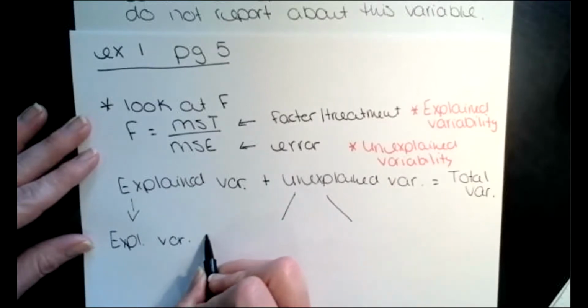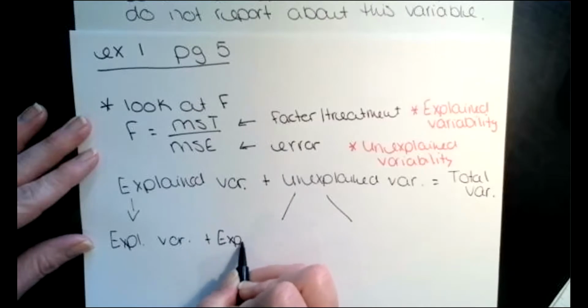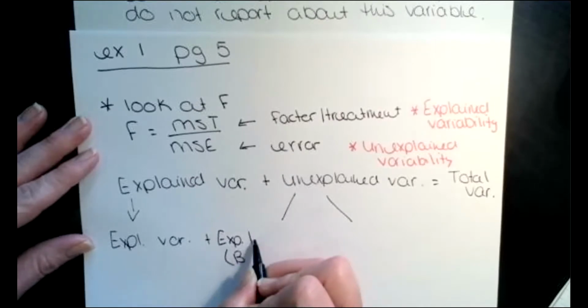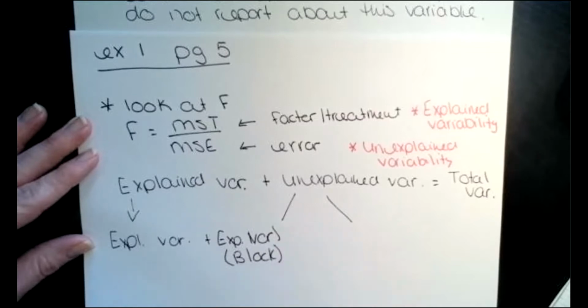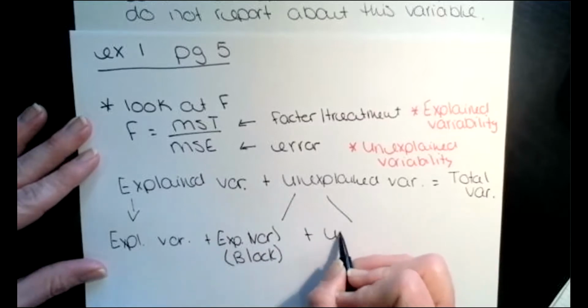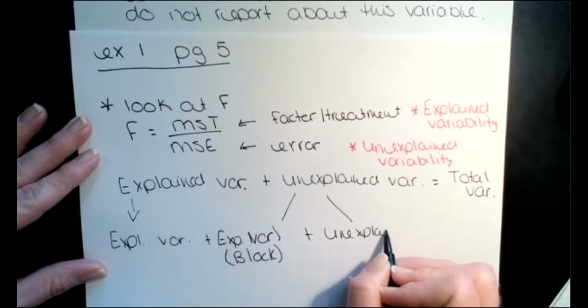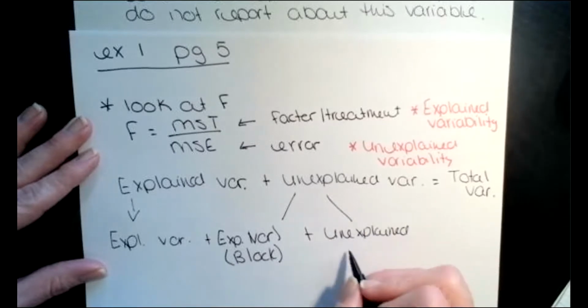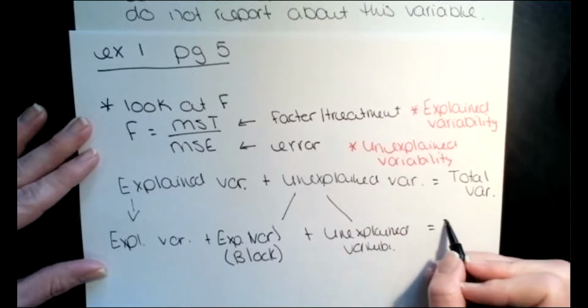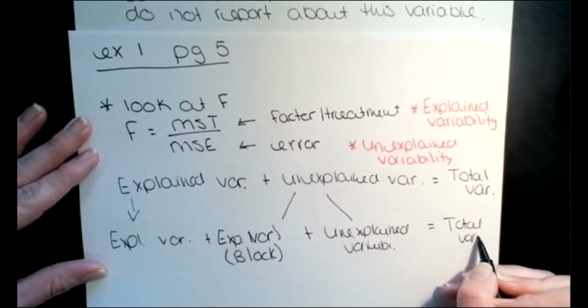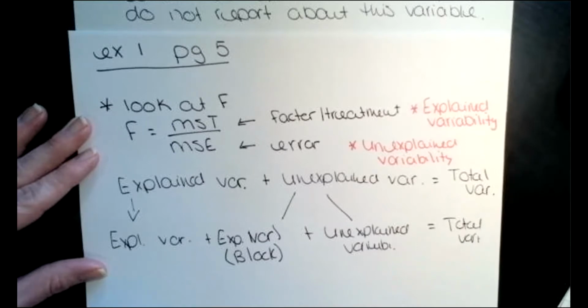We're going to have explained, and I'm going to just put block. So let me put explained by the block here. And then the rest of it that is unexplained, meaning that there probably is really a difference. Okay. And then this will still be the total variability here.